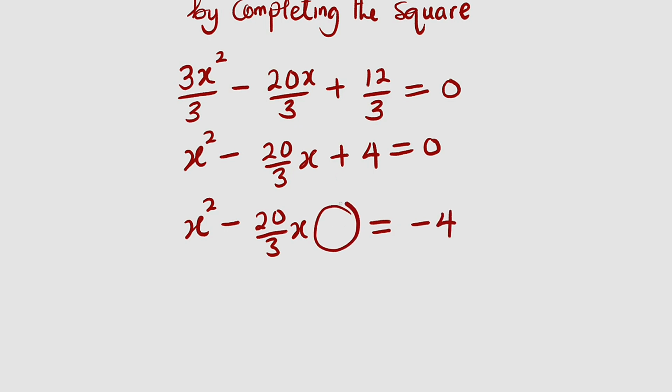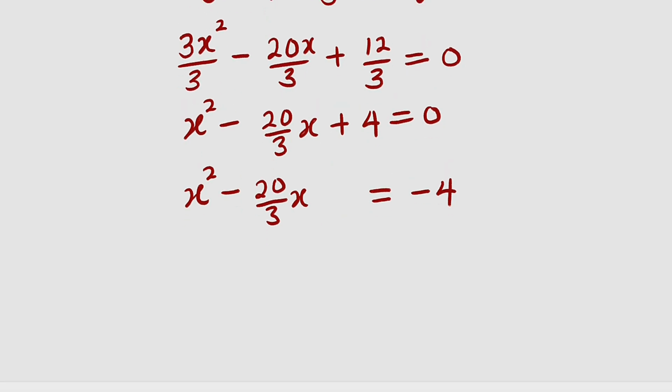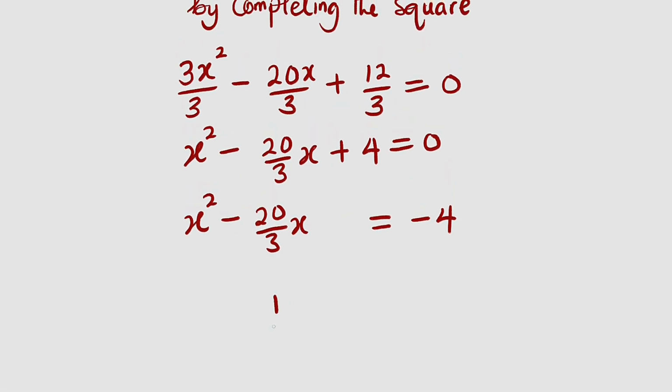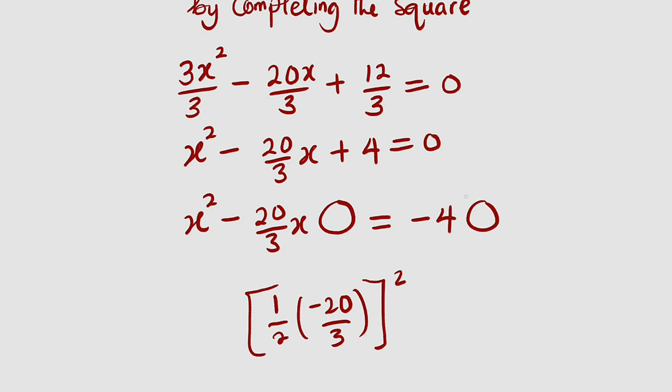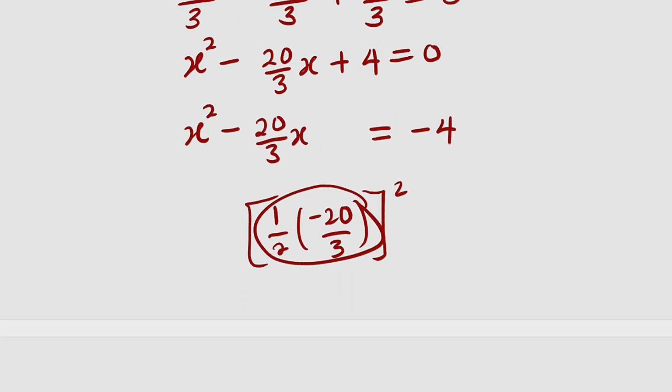So what do we need to add here? What we need to add there is nothing but half of the coefficient of x, which is negative 20 by 3. Then we square all. This is what we are going to add here and also to the right hand side. So half of this will give us negative 20 by 6, right? Negative 20 by 6 all squared.